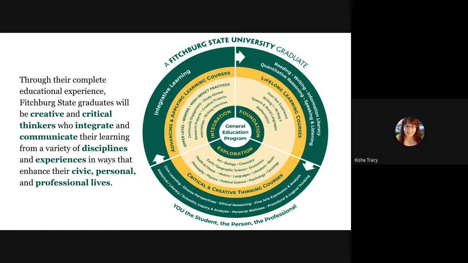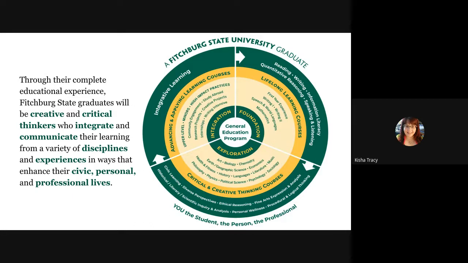For those of you who are in person, I do have brochures of the program with me if you have not had those before. On the inside you'll see the three parts: the foundation, exploration, and integration. The dark gold is the types of courses that students will be taking, and the lighter gold are the detailed courses that they'll be taking or might take in those categories.